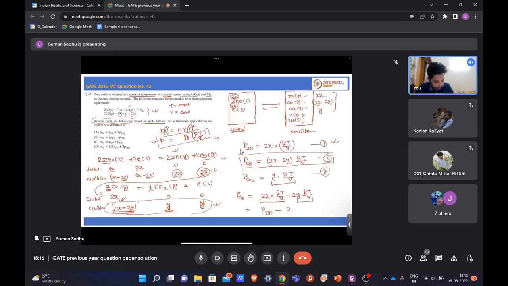It is nothing but P of CO2. So PCO is equal to PZn minus 2PCO2. Now we can write PZn is equal to PCO plus 2PCO2, right? So this is the final answer. So option A is the final answer.